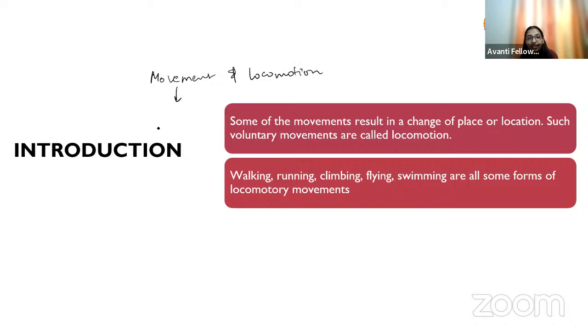Movement is when there is no change in place or location. For example, I can move my forelimbs, we can move our eyelids, like jaw movement. These all are movements because there is no change in the place or location.